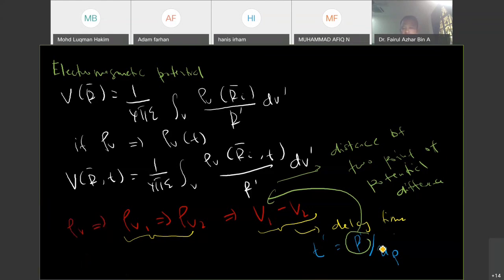So the propagation speed represents the speed that one charge needs to move from one point to another, in function of this R prime.